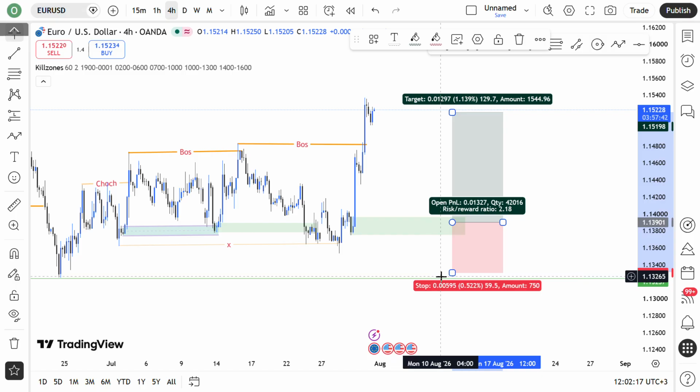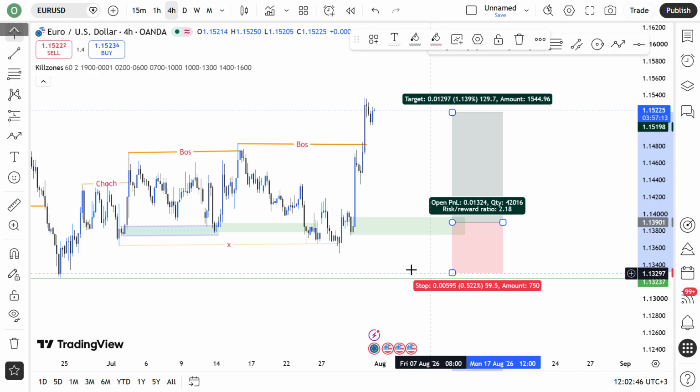So whenever you see a break of structure, make sure you know at the back of your mind that now we have a trend continuation, and whenever you see a change of character from a key zone, on the back of your mind, be sure that we are going to see a shift in market structure, meaning that the market is trying to shift from maybe an uptrend into a downtrend, or maybe from a downtrend into an uptrend.